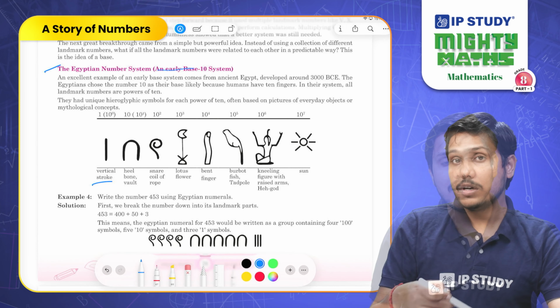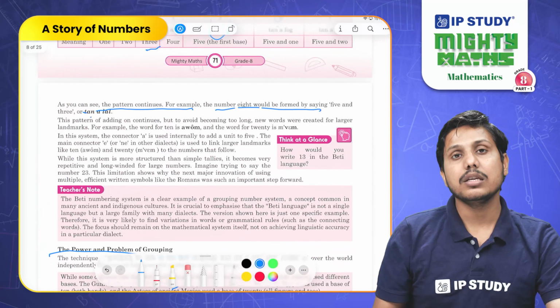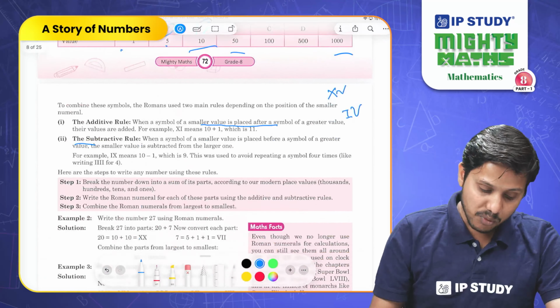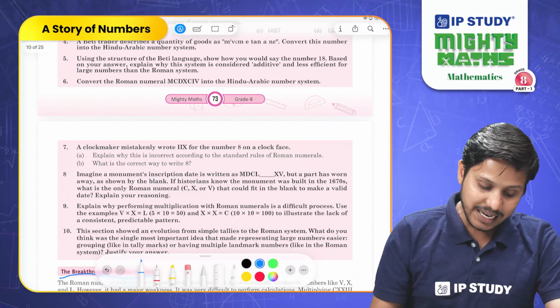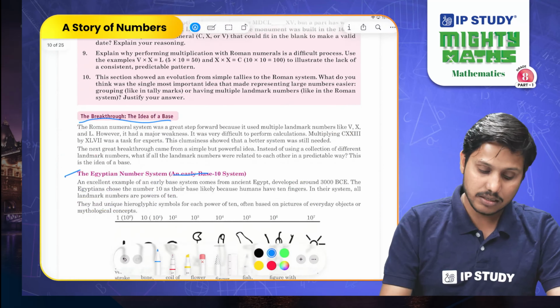The base is 10. One was base 5 that we have seen using the fingers system in the Beti civilization, but the most important base number system that we may understand is the Egyptian number system. In this system, we have these symbols which are used to write larger numbers.